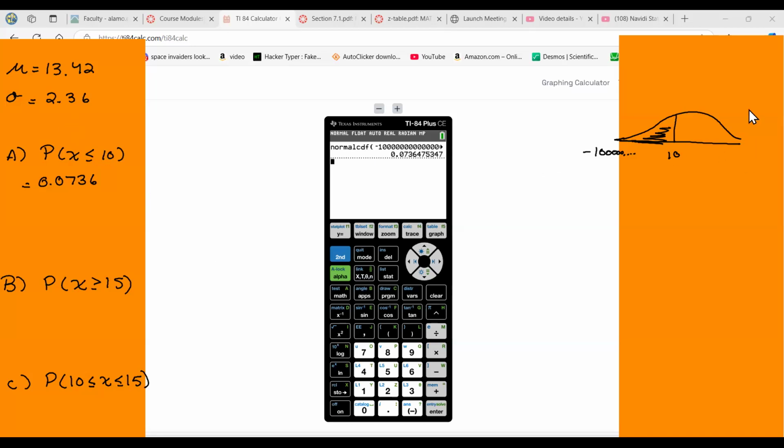All right, so for B, we're looking for that greater than area because we're looking for the probability the dog lives for 15 years or more. So my upper boundary is going to be a 1 followed by as many zeros as I can. So once again, we're going to go to second VARS. We're going to hit clear on that, and we're going to put in 15.